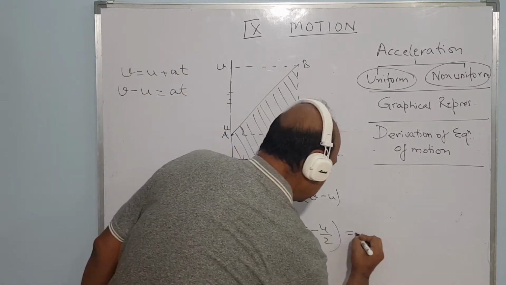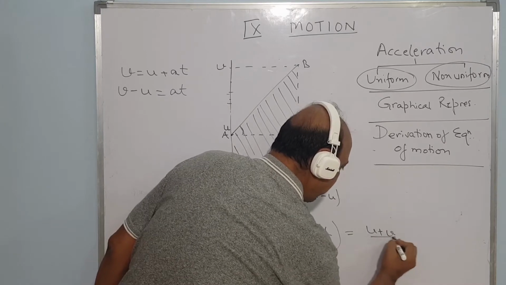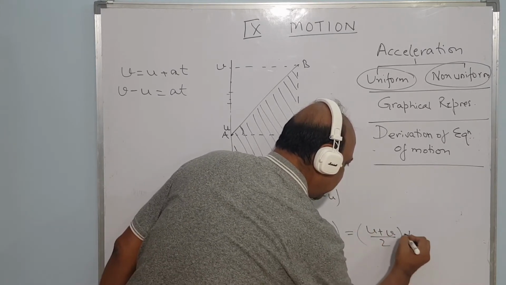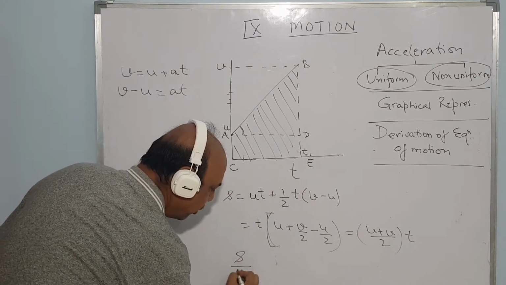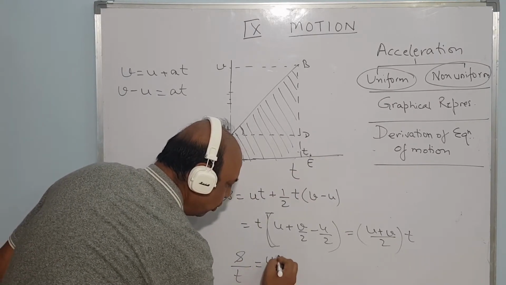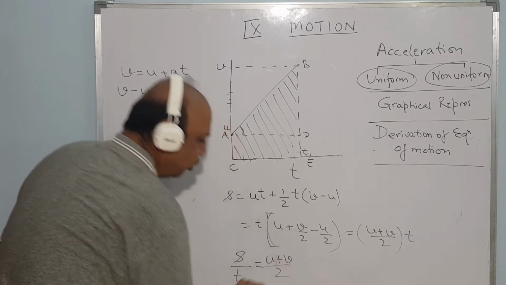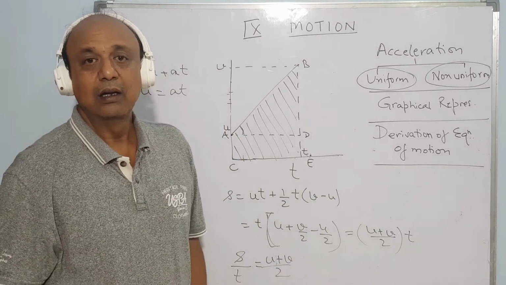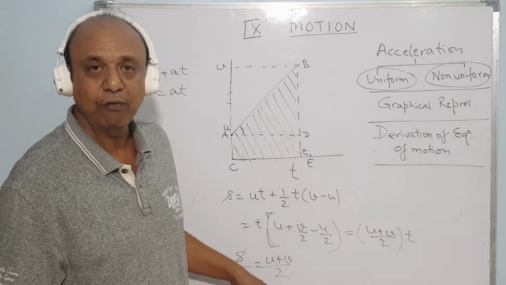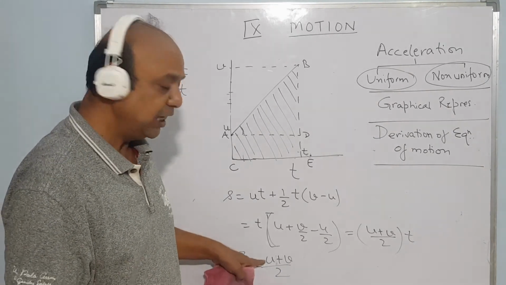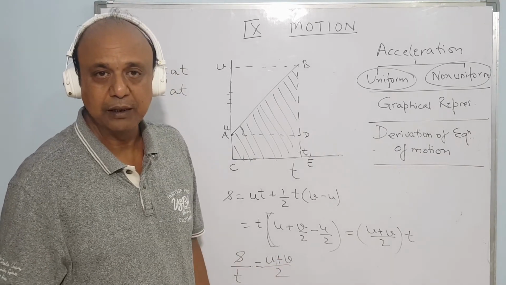I can write it as u plus v upon 2 into t. If I take t to the other side, it becomes s upon t is equal to u plus v upon 2. That's how our average speed is half the sum of the initial speed and the final speed.